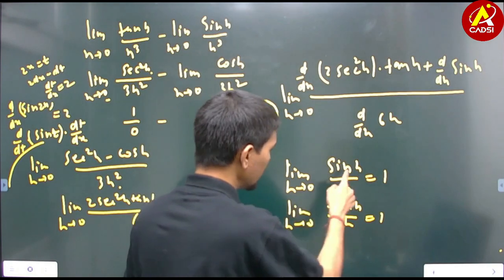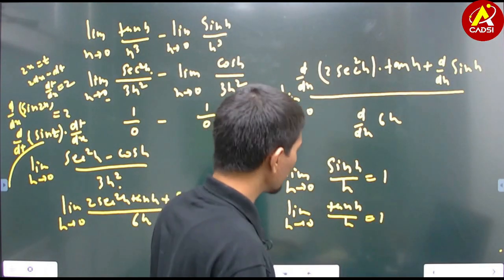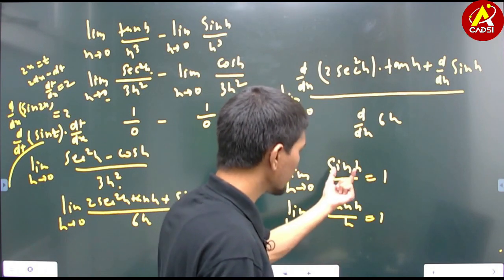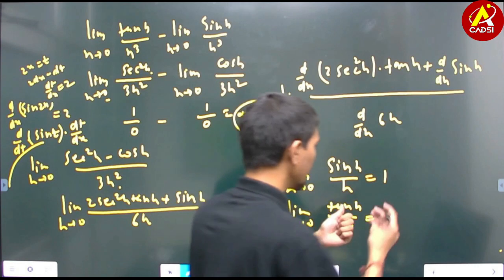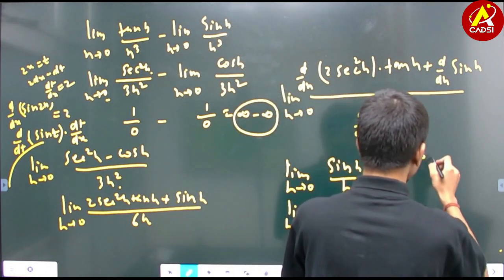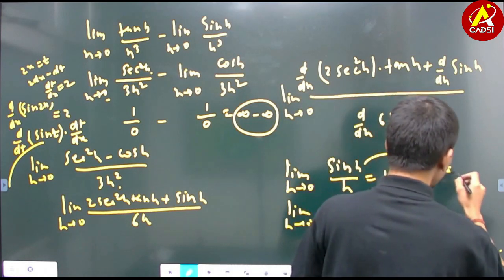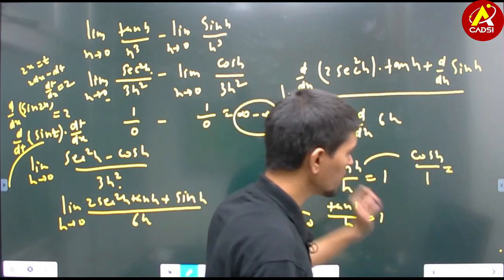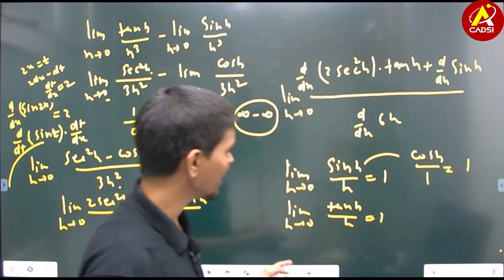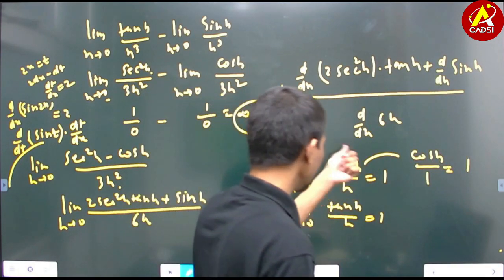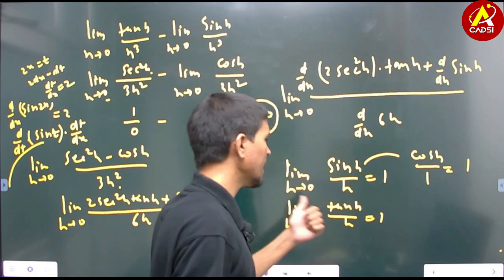As h tends to 0, it is 0 upon 0, again an indeterminate form, so we can use L'Hospital rule. The derivative of sin h is cos h, and the derivative of h is 1, so cos h upon 1, and we put h equals to 0, cos 0 is 1. So the limit of this expression equals 1 as h tends to 0.